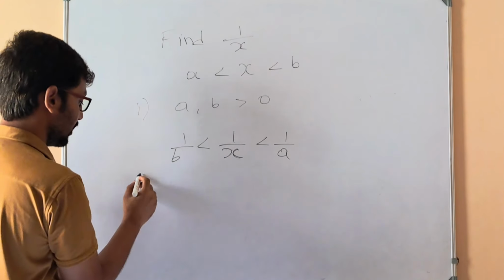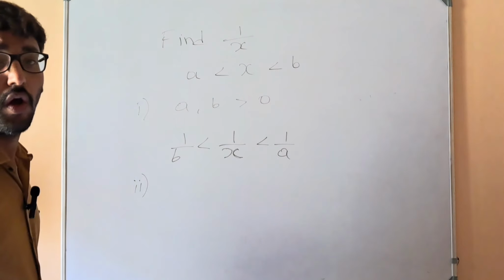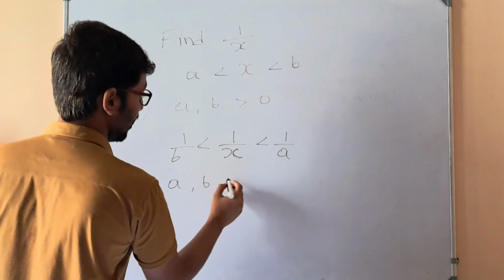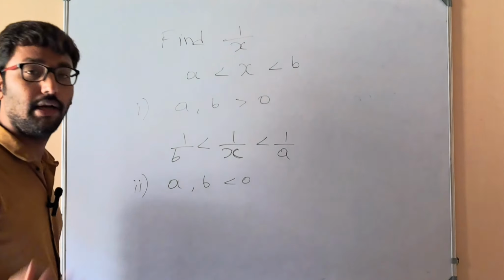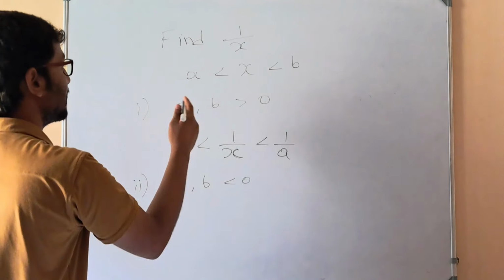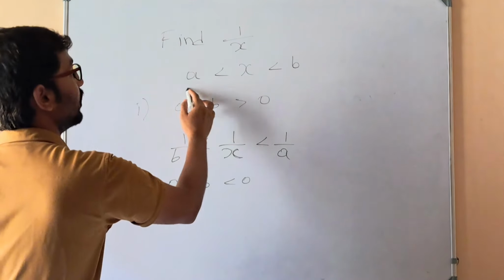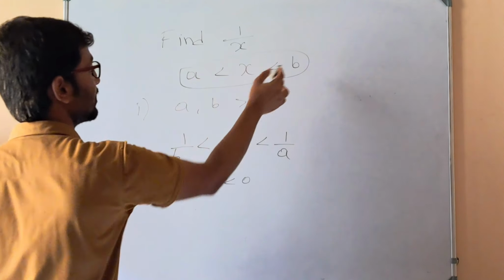Next, if both are less than 0, then what happens? Here it was a less than x less than b.